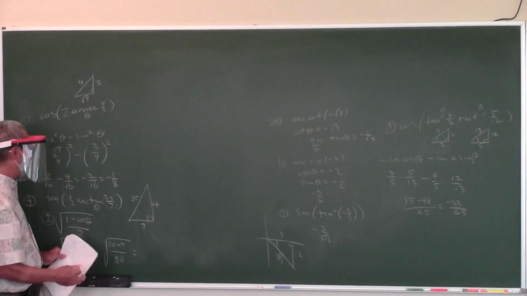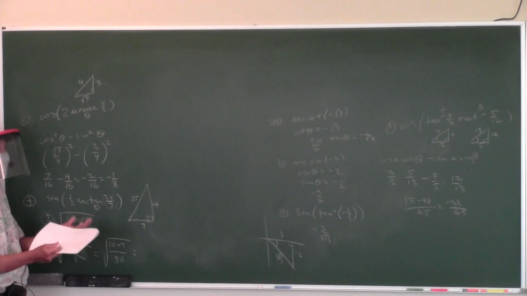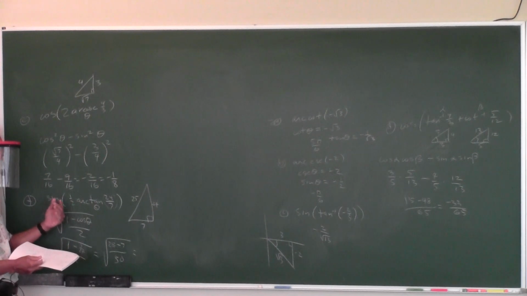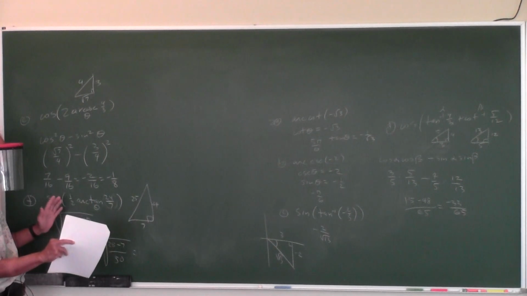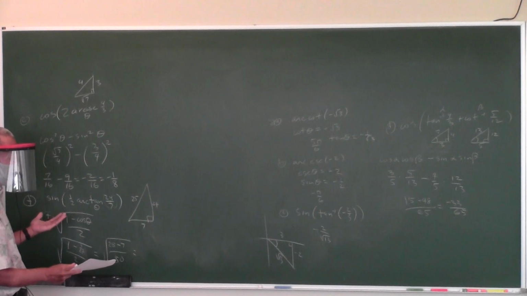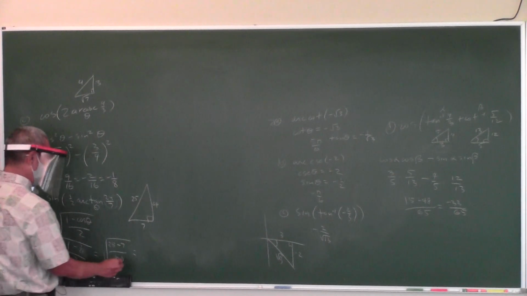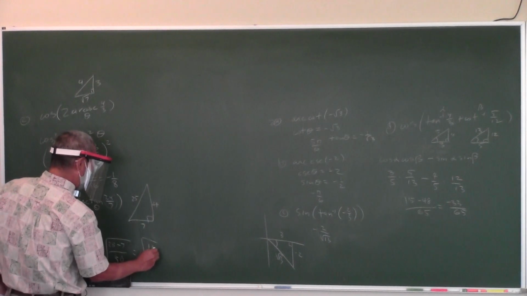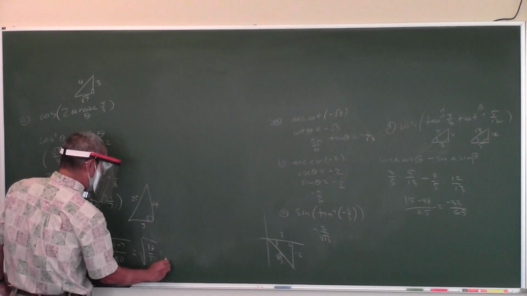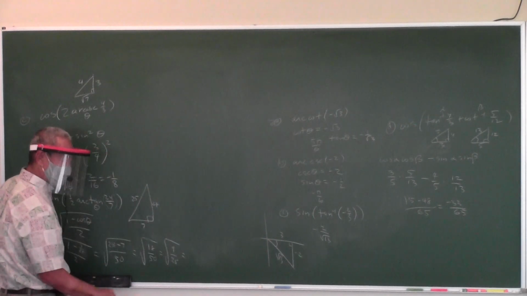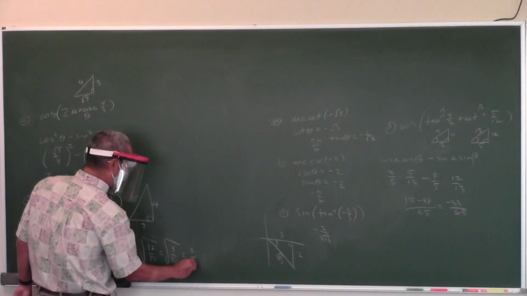Some of you are getting answers that are bigger than 1. That's impossible. When you take the sine or cosine of something, it's always going to be between -1 and 1. If you get something bigger than 1, you did something wrong. So this is the square root of 18 over 50, which reduces to 9 over 25, and both of those numbers can be square rooted. 3/5 is your answer.